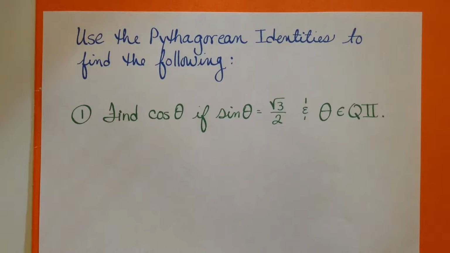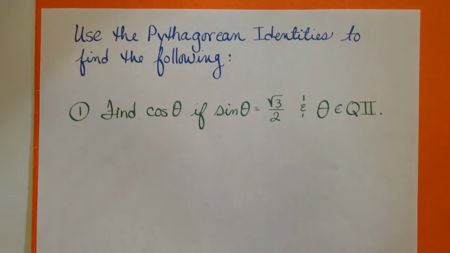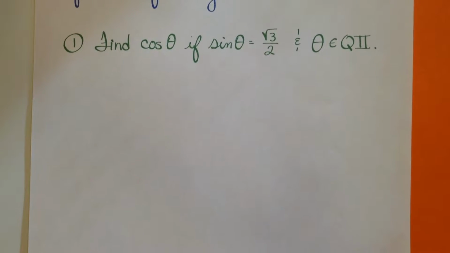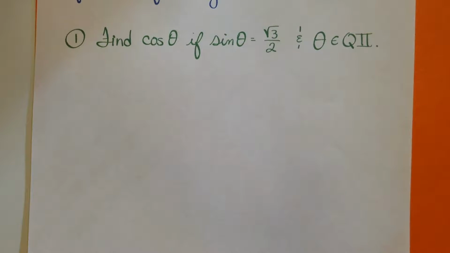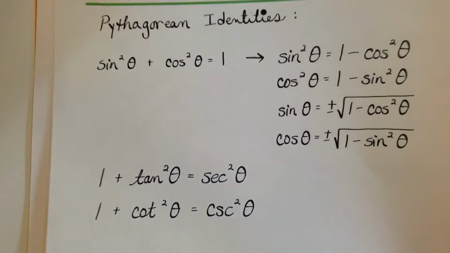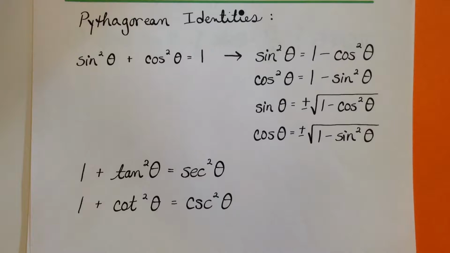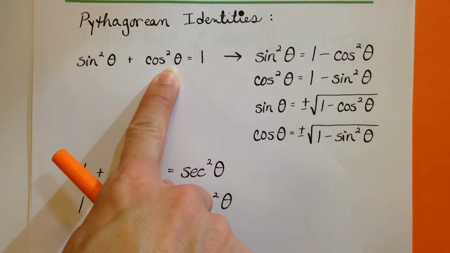Alright, so this says to use Pythagorean identities to find the following. You're asked to find cosine, but you are given that sine theta is equal to square root 3 over 2, and that your angle is in the second quadrant. So using your Pythagorean identities, you can actually use any, you could use this one.